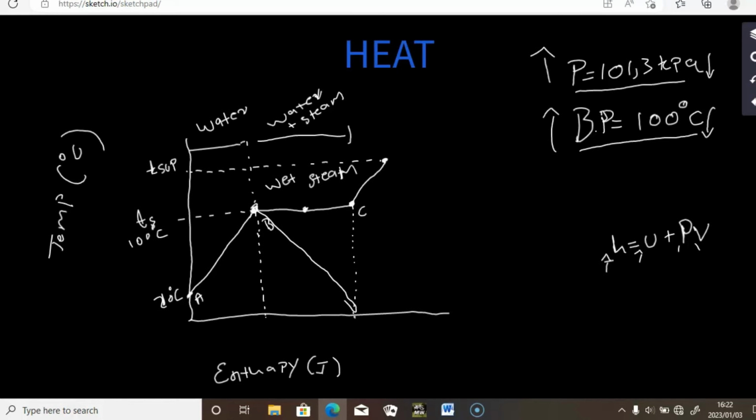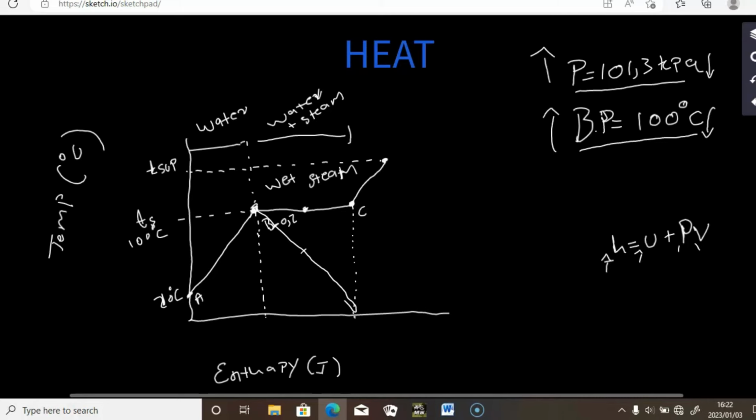Therefore, we have something we call the dryness factor. The dryness factor or dryness fraction is what we use to indicate how much water is still there and how much of it has now been converted to steam. So if we get a dryness fraction of 0.2, this tells us that only 20% of the water has been converted to steam, meaning 20% of this mixture is steam and 80% of it is water.